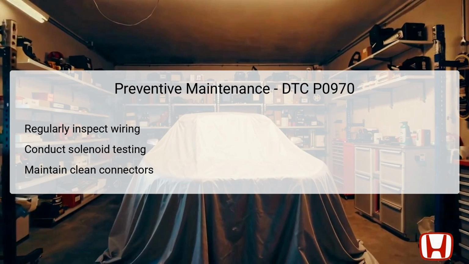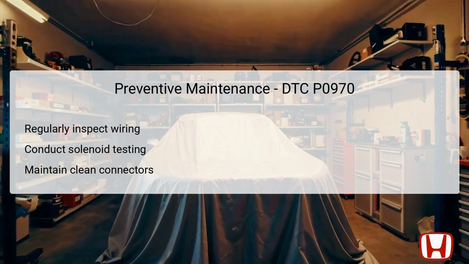Begin by consistently inspecting the wiring harnesses that connect to the AT clutch pressure control solenoid valve and the PCM. To ensure reliable connectivity, it is wise to clean and maintain all connectors, as moisture or oxidation can lead to poor electrical performance.